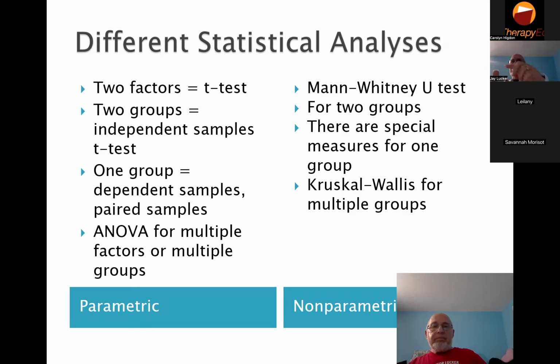That would be a lot of t-tests. So what we do is ANOVA for multiple groups. If we're using, again, the non-parametric numbers for the ANOVA factor, there's something called the KW, for multiple groups or multiple factors analysis. It's called the Kruskal-Wallis test.